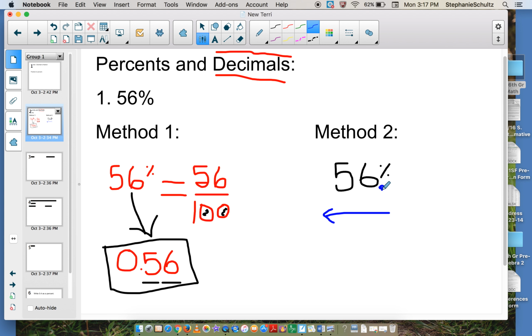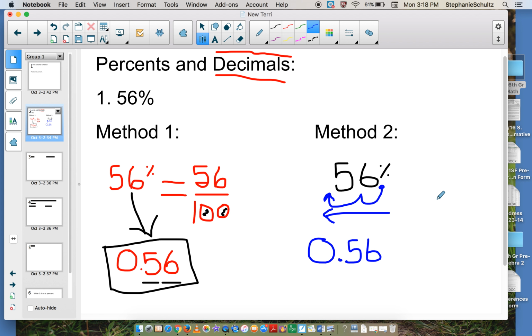We go 1, 2. Now that's where my decimal is going to be placed, to make it 0.56.